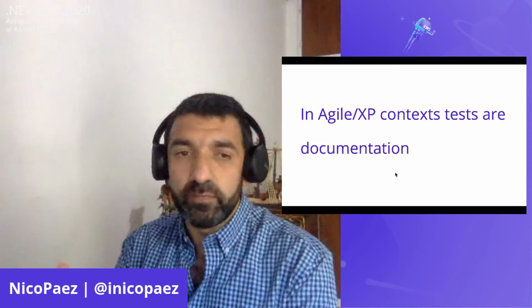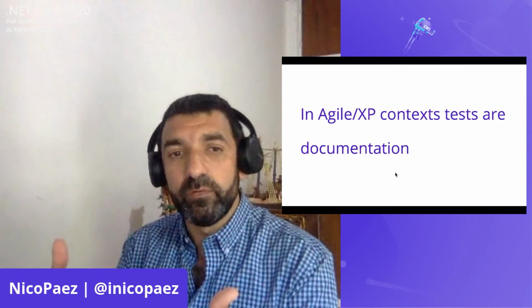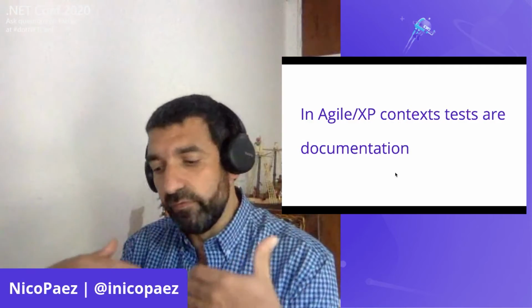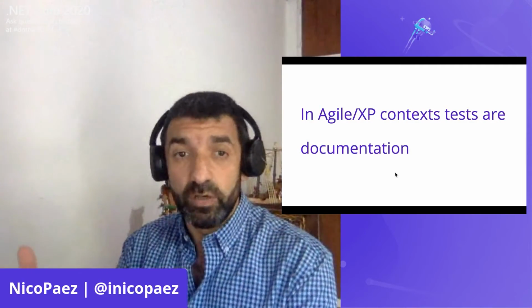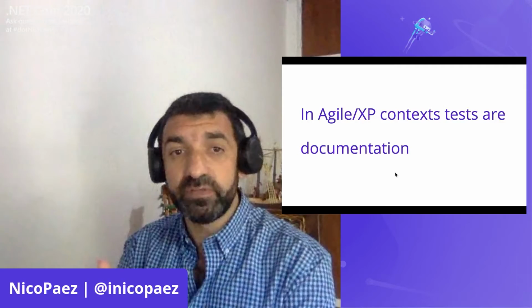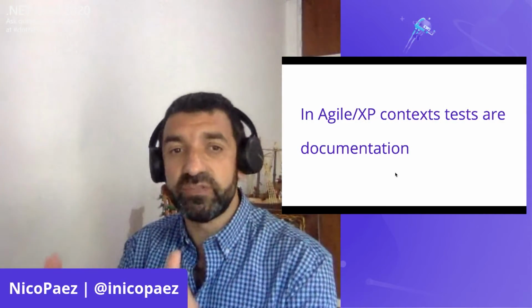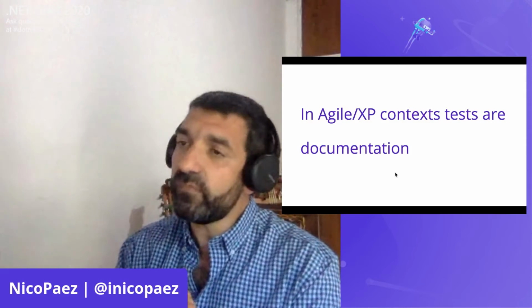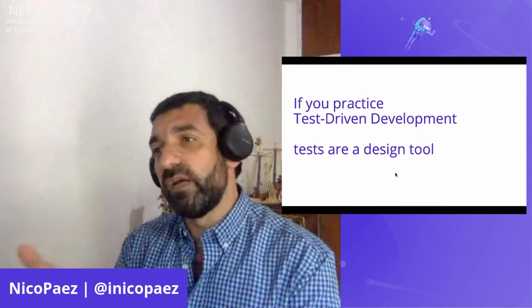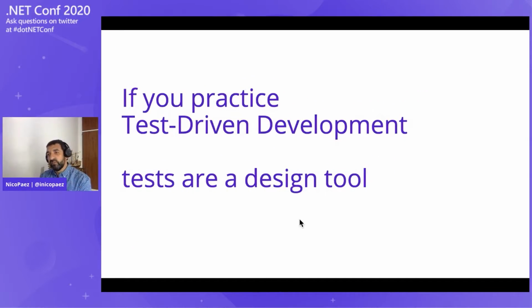And something that is very common, you create some code, you write some tests, and when you have to update your code, of course, you will have to update your tests. So this again makes tests a first-class citizen, right? Of course, if you are practicing TDD, your tests are a design tool. So again, this gives tests more and more relevance, right?